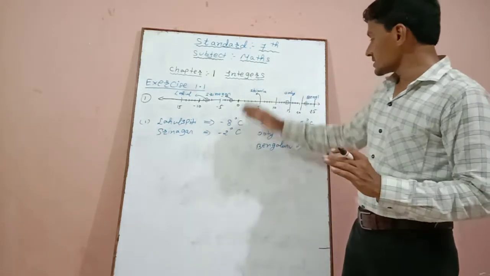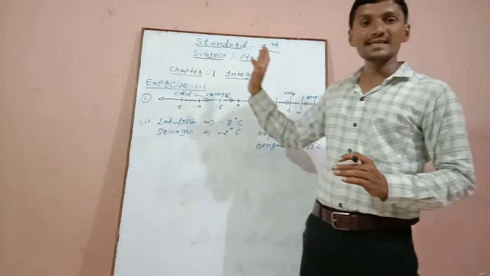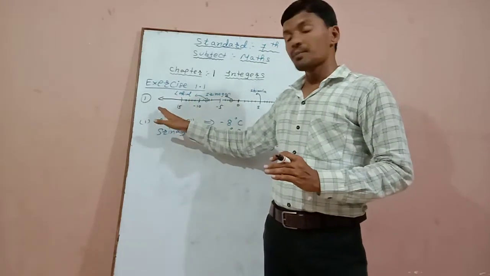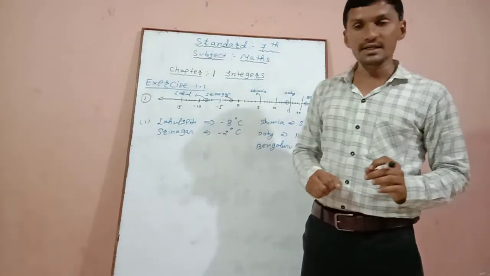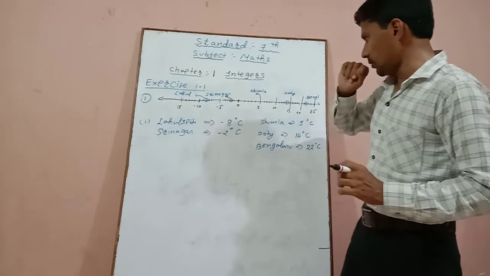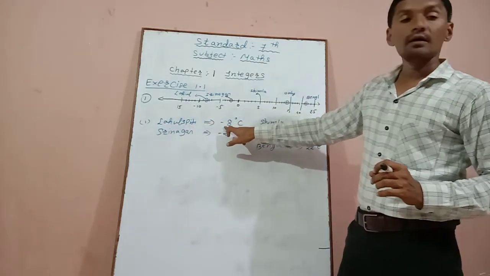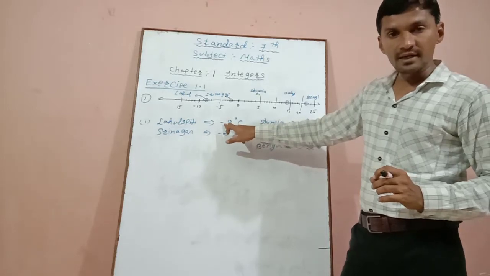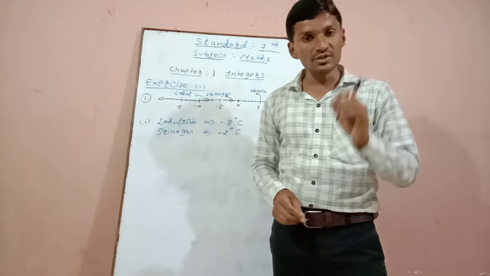The hottest city has the greatest temperature on the right side, and the coldest city has the lowest temperature on the left-hand side. We can see here the lowest temperature on the left-hand side is -8 degrees. So -8 degrees is the coldest place.